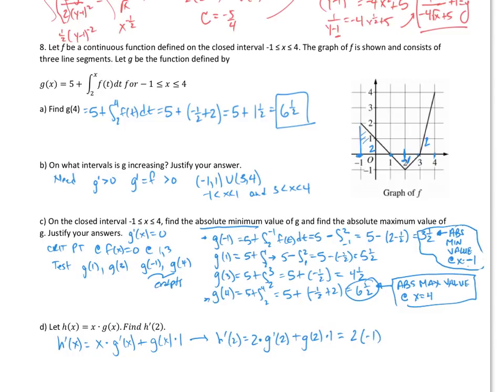If you actually just look at it, we haven't done it yet. So here we go. G prime of 2, we're just going to look at the graph right here. And we get a negative 1 value because G prime is the F graph. So this is now plus G of 2. Remember, G of 2 is the integral from 2 to 2, and that's just 0.